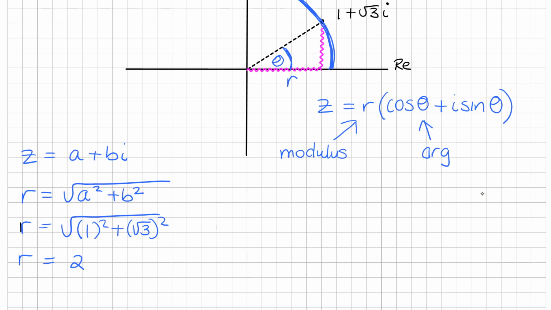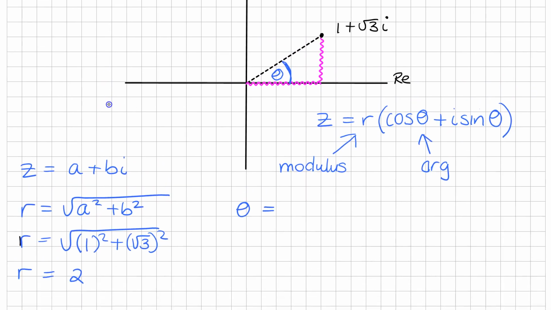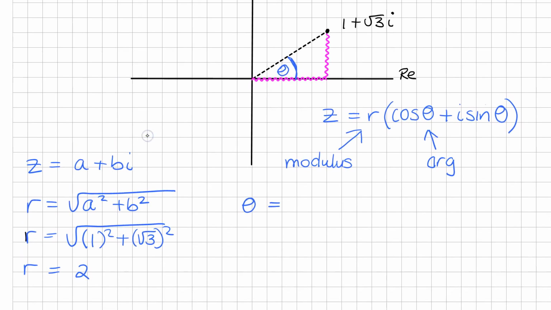The angle theta is equal to, if we look at our diagram, we know two parts of this triangle. We know how far out we came: the number is 1 plus root 3i, so we came out a, which is 1, and we went up root 3, which is b.